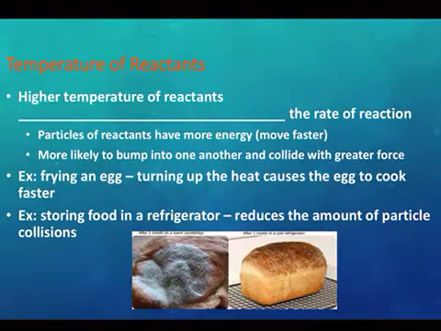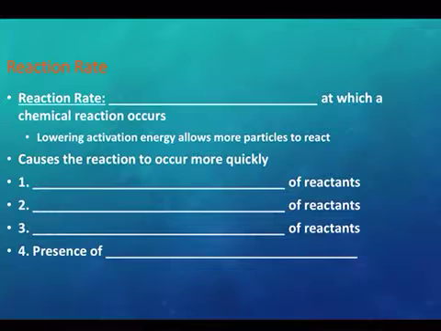So if we increase the temperature of the reactants, the rate of reaction is going to be very dependent on various things. And so lowering the activation energy allows more particles to react.